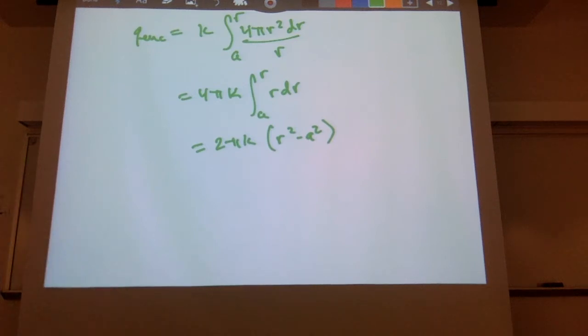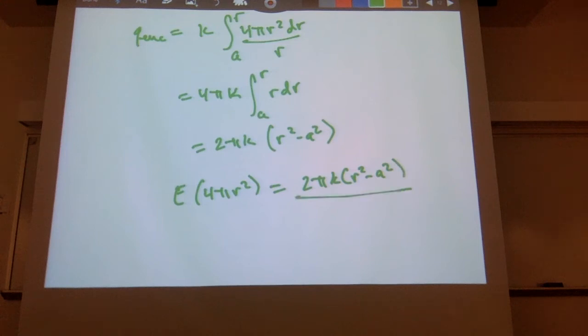Okay? So finally I can put everything together. So this tells me my electric field times my surface area, which is 4 pi r squared, is then equal to Q enclosed, which is 2 pi K times r squared minus a squared, divided by epsilon naught. Good. So now it's going to happen. Well, this pi is going to cancel this pi, right? This 4 is going to cancel with this 2 to make that a 2.